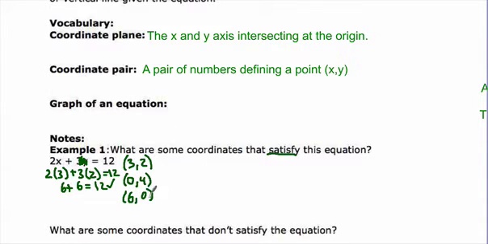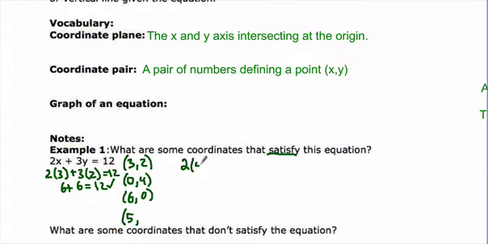All right, I've already come up with 3 points so far, but could I come up with more? Well, off the top of my head, I'm not thinking of any, but there's a strategy I could use. What if I were to take this equation and pick another x, any x. I'm going to say 5. I'm going to say that x is 5.